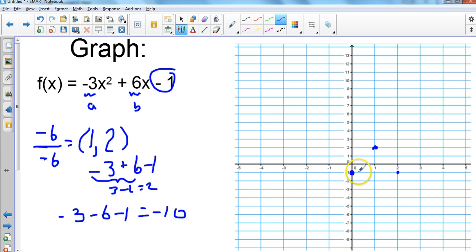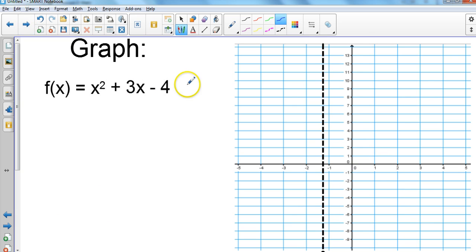So if you put in a negative 1, we get out a negative 10, or instead of going over 1 down 3, we'd go over 1 down 9, 3 times that 3, which puts us in the same spot. So either way you go, if you evaluate points or you understand the pattern between points, you can do either one. Let's try one more.